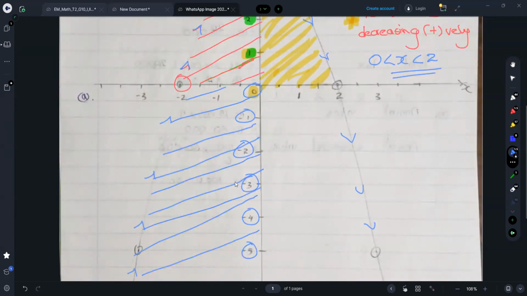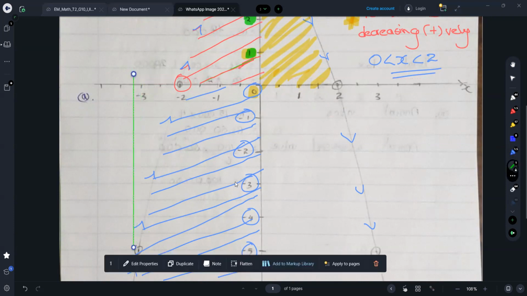Then the range of x values starts from here. If we suppose the graph ends here, it goes from -3 to 0.